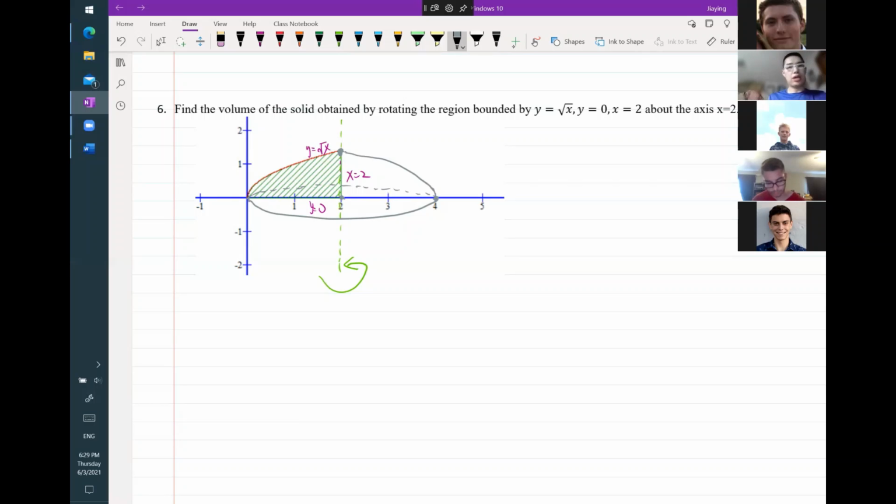For this shape, when you slice it, you want all the slices to be circular, so you wouldn't slice vertically, right? If you slice it vertically, it's not a circular shape. So you have to slice it horizontally. So I'm just going to draw one slice.